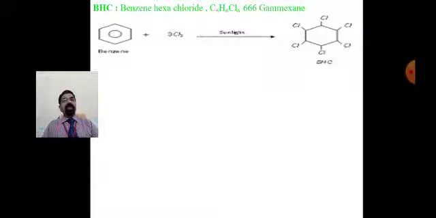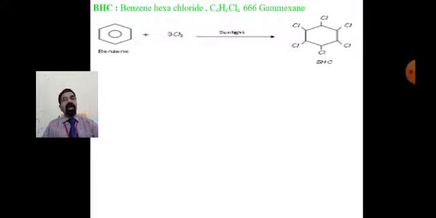Hence, we can prepare BHC from benzene on chlorination under sunlight, that is a photochemical reaction, or ultraviolet radiation, to form the product by chlorination reaction called BHC, which is shown in the reaction. Dear students, you can see the reaction and observe it and remember it.